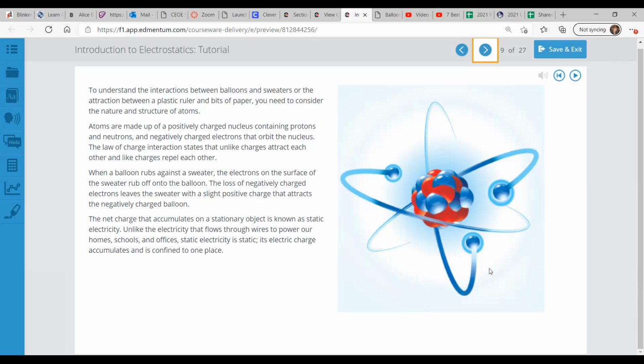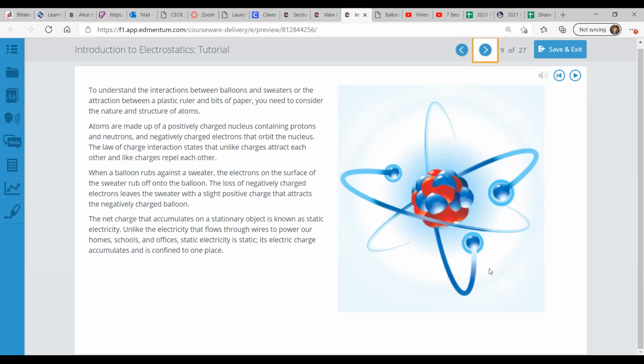When a balloon rubs against a sweater, the electrons on the surface of the sweater rub off onto the balloon. The loss of negatively charged electrons leaves the sweater with a slight positive charge that attracts the negatively charged balloon. The net charge that accumulates on a stationary object is known as static electricity.